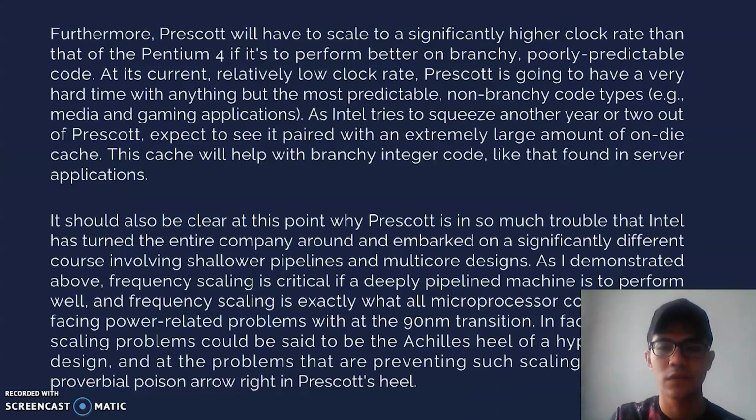In fact, frequency scaling problems could be said to be the Achilles heel of a hyper-pipelined design, and the problems that are preventing such scaling are like the proverbial poison arrow right in Prescott's heel.